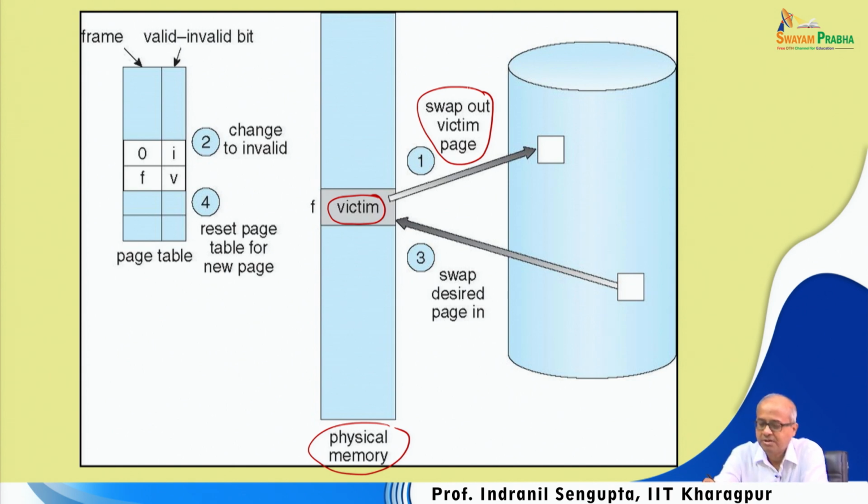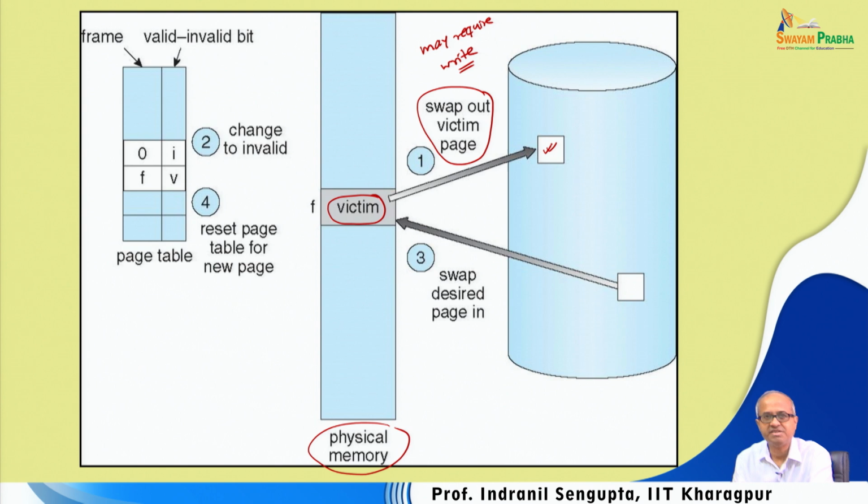Swap out may require a write operation. If the victim page is dirty, then you may have to write it back into secondary memory. But if it is not dirty, you simply throw it away, do not do anything, because the copy is already there in the secondary storage.